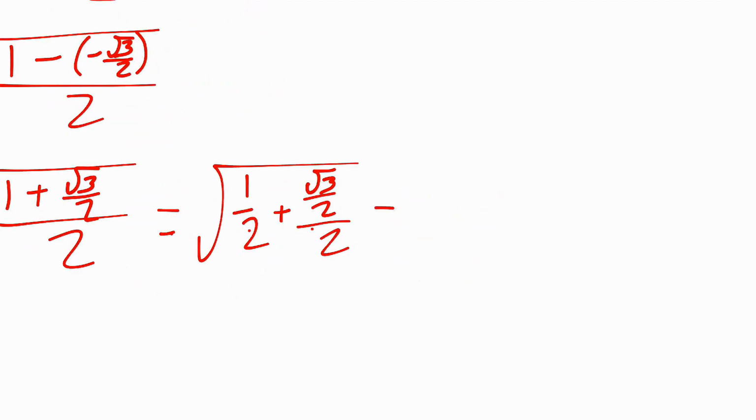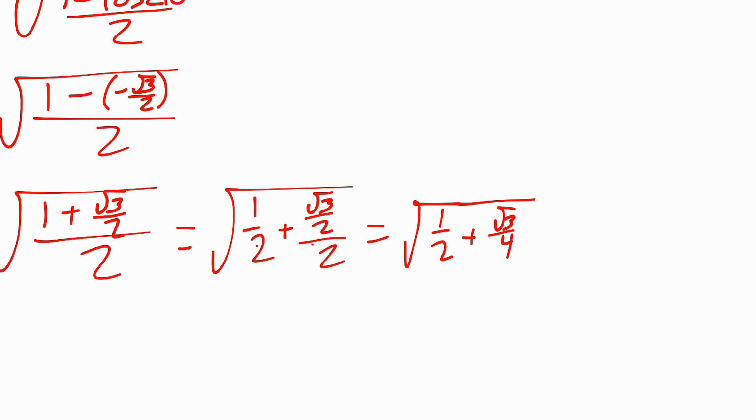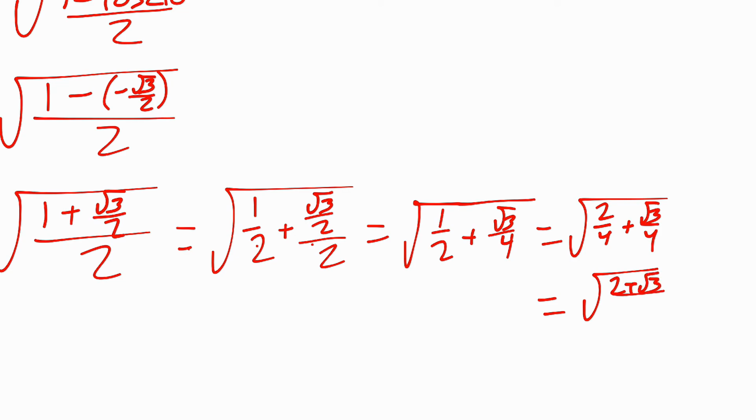And that way we can break that up a little bit more and make it the square root of 1/2 plus root 3 over 4. Now, those are two separate fractions. We can actually combine them back into 1. So if we make 1/2 into 2 over 4 plus root 3 over 4, we can now make it one single fraction as 2 plus root 3 over 4.